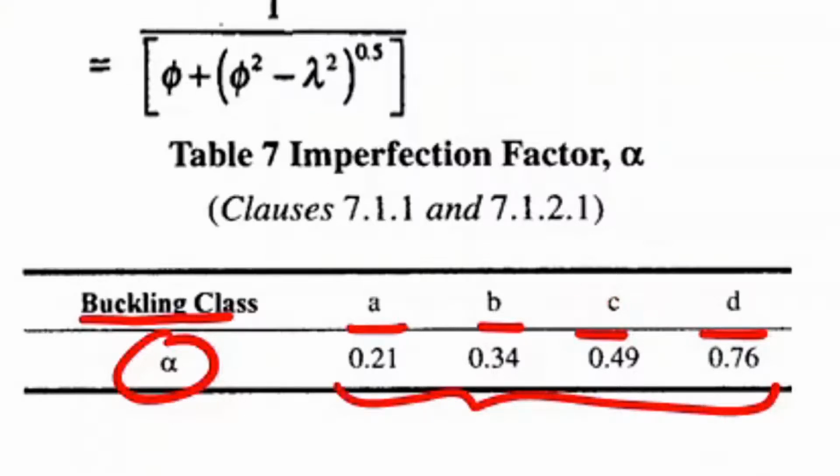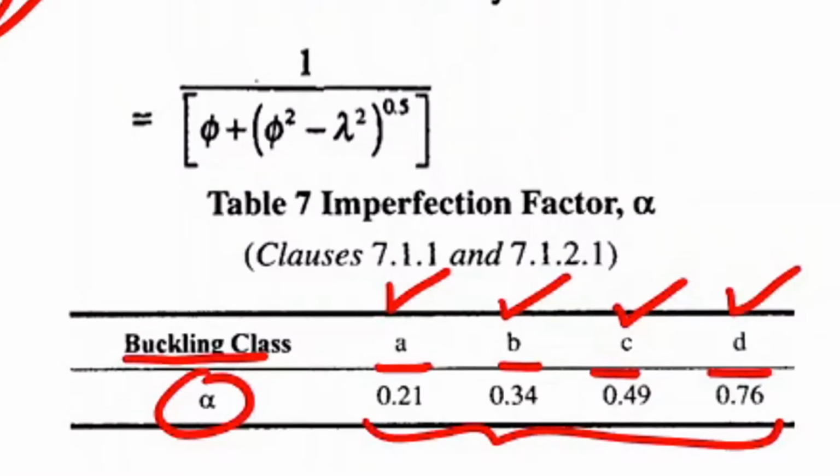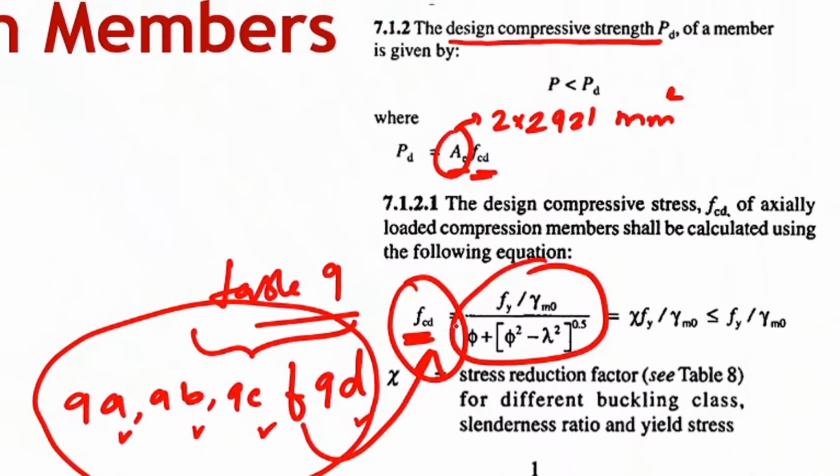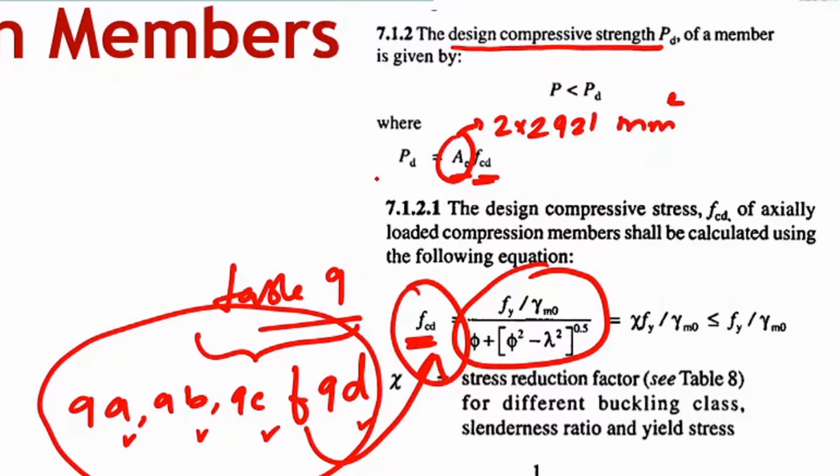But if you are going to use the table, the only thing you need to know is under which class my given section is going to buckle. If I know that, then I can use the corresponding table and find FCD directly from the table. And if I know FCD, then I will substitute here and get the design strength of the given compression member.